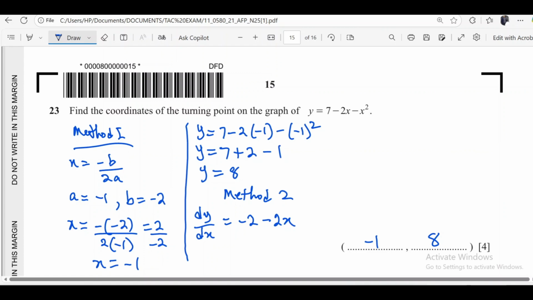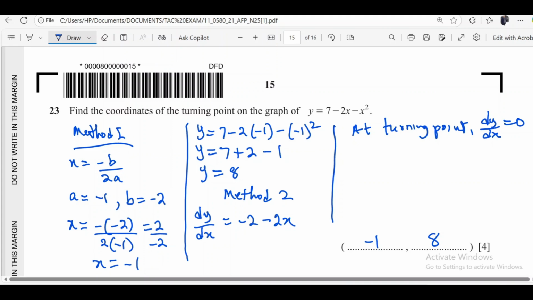So here at turning point, the dy/dx is 0, because that's the gradient. At turning point, the gradient is 0 because the tangent is parallel to the x-axis, so the slope there is 0.